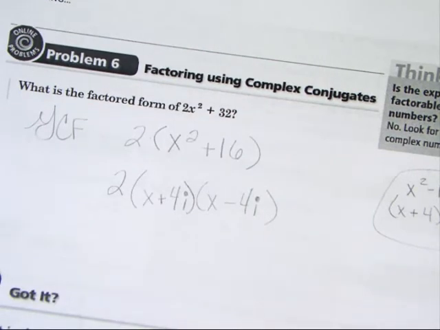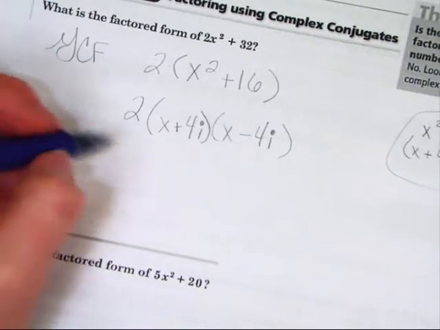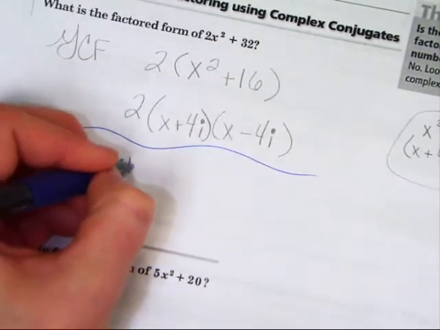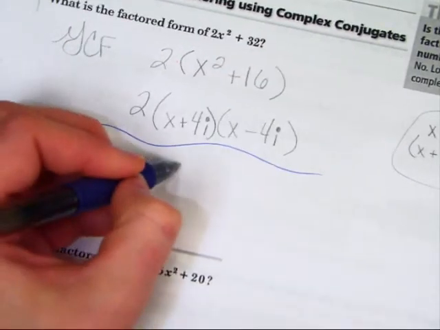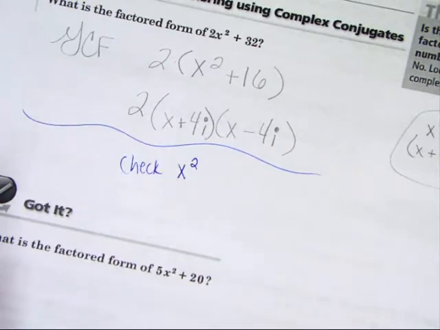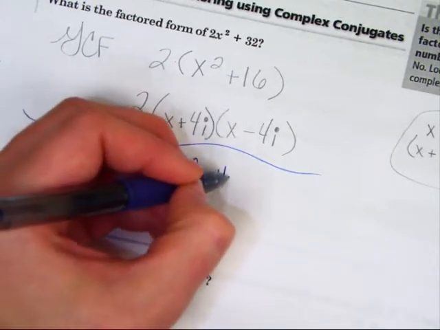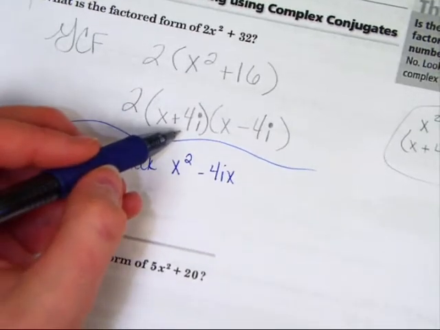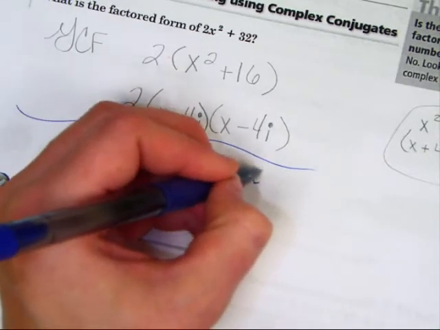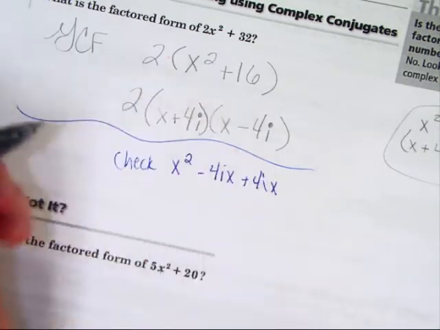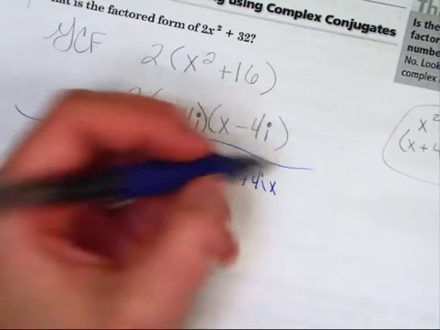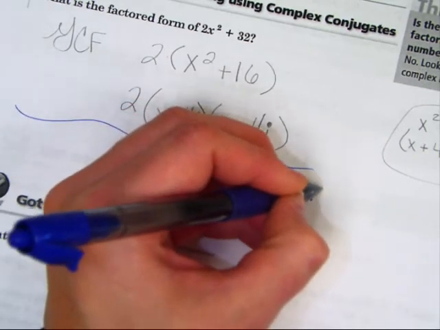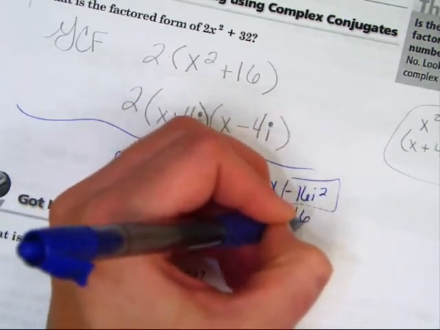And if you want to see why that works out, under this line, we'll do the check. x times x is x squared. x times negative 4i is minus 4ix. Positive 4i times x is plus 4ix. And then positive 4i and negative 4i is minus 16i squared, which turns into a plus 16.